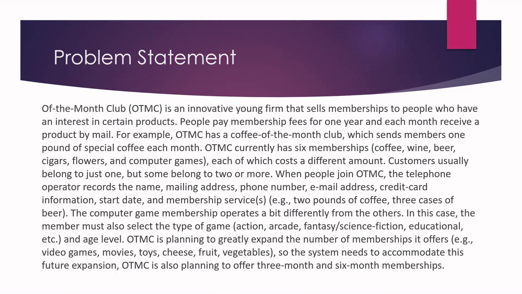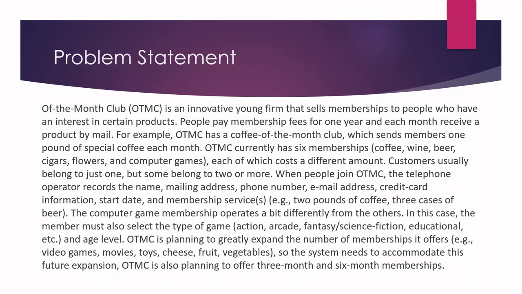OTMC currently has 6 memberships: coffee, wine, beer, cigars, flowers, and computer games, each of which costs a different amount. Customers usually belong to just one, but some belong to 2 or more.